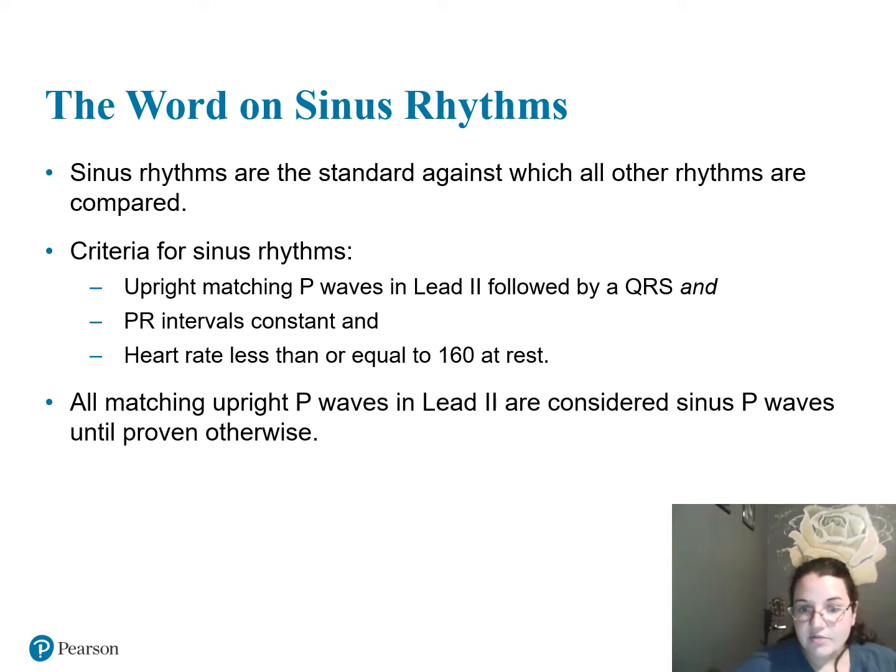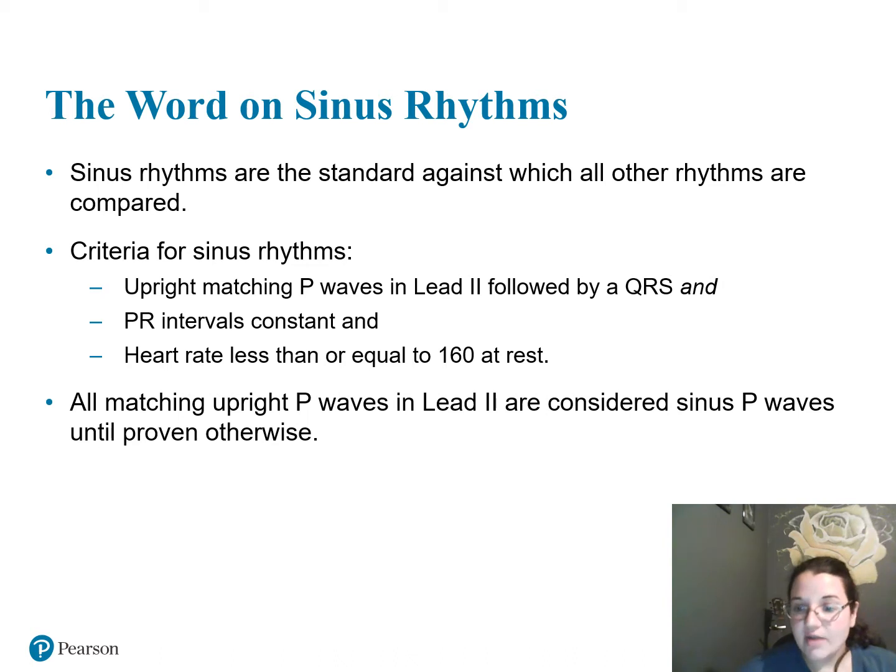Your PR intervals need to be constant, meaning they need to be the same. Your heart rate is going to be less than or equal to 160 at rest. Okay? So wait a minute. A normal heart rate should be between 60 and 100 beats per minute. But here for a sinus rhythm, it's telling me my heart rate needs to be less than or equal to 160 beats at rest.